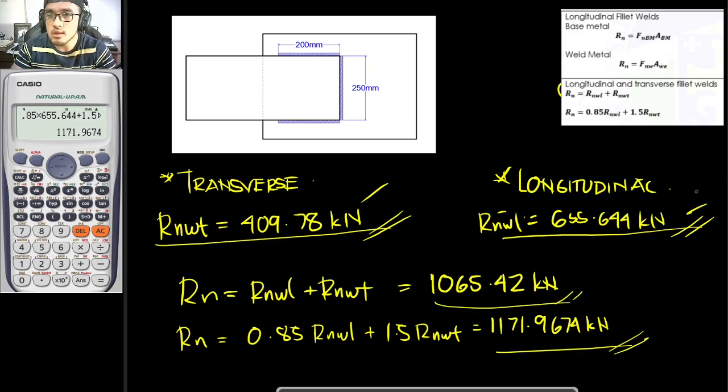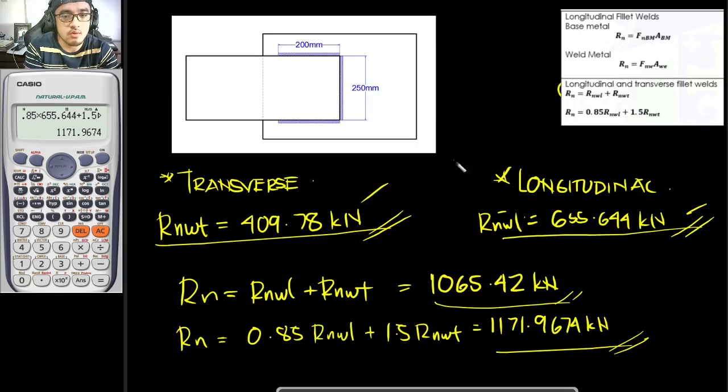According to AISC, the total nominal strength of a connection with side and transverse welds is equal to the larger of the values. So whichever is larger of these two. In this case, it would be this one right here, which is 1171.9674. So this would be our governing Rn.